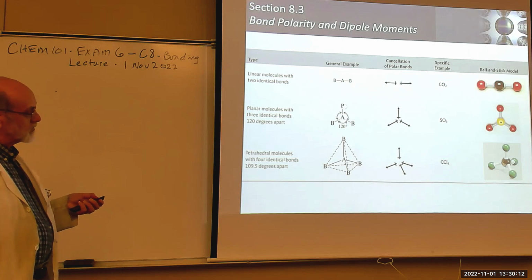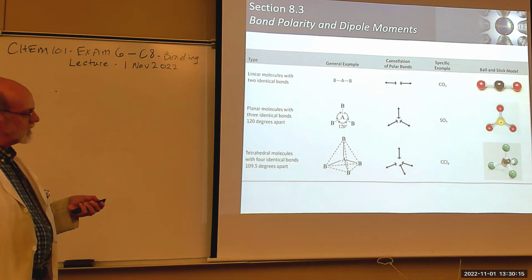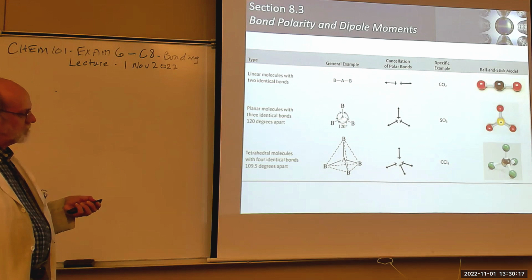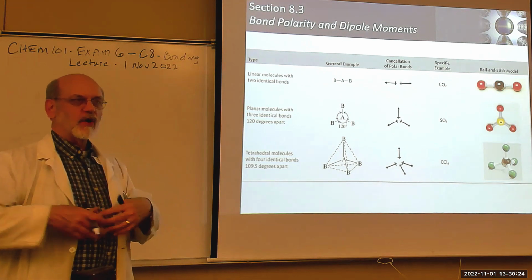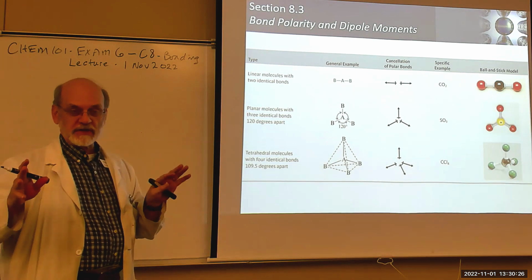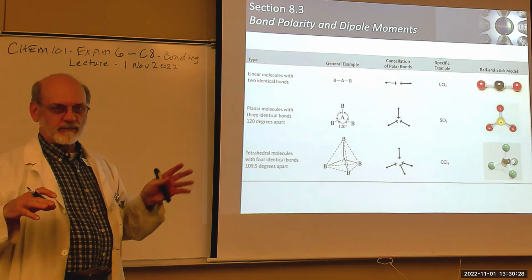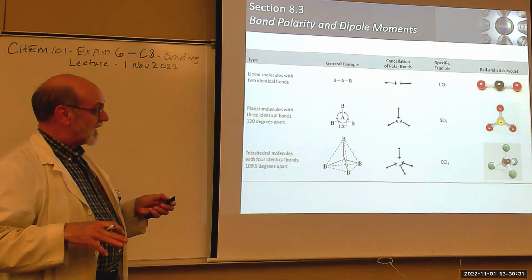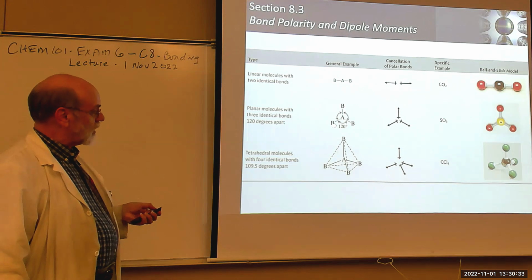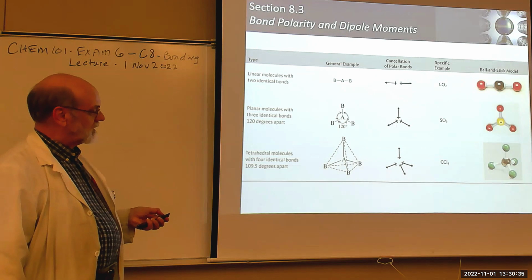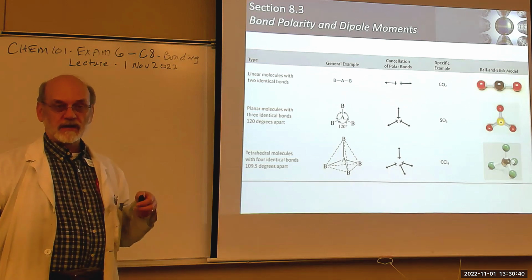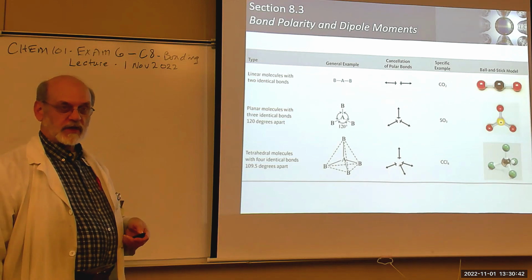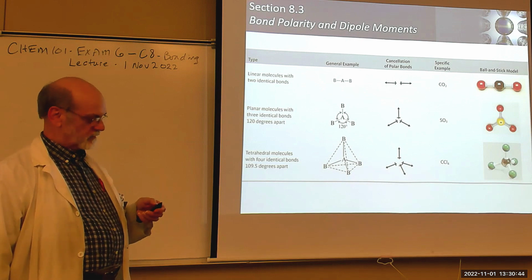This molecule, which has a central atom and 3 atoms or groups around it, their arrangement is most stable when they're the farthest apart from each other. I'll define that in more detail later. But that arrangement puts them on the same plane, pointing to apexes of an equilateral triangle. So we call that a trigonal planar arrangement.